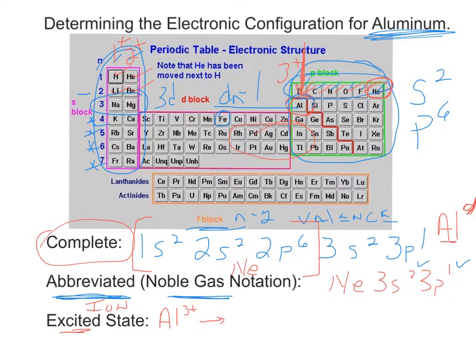That's usually where we're going to lose it. So I could write this as just being neon, or I could write it as aluminum 3 plus equals 1s2, 2s2, 2p6. Either one of those would be aluminum as long as I signified that I was in the excited state.